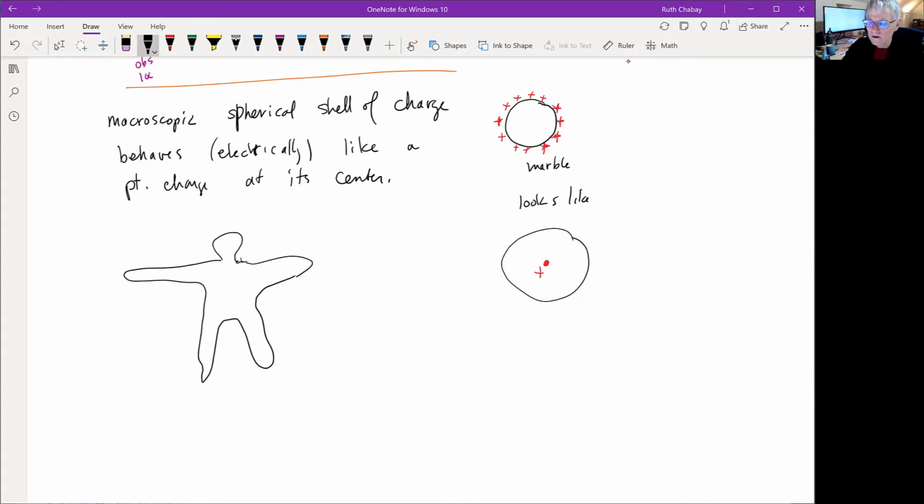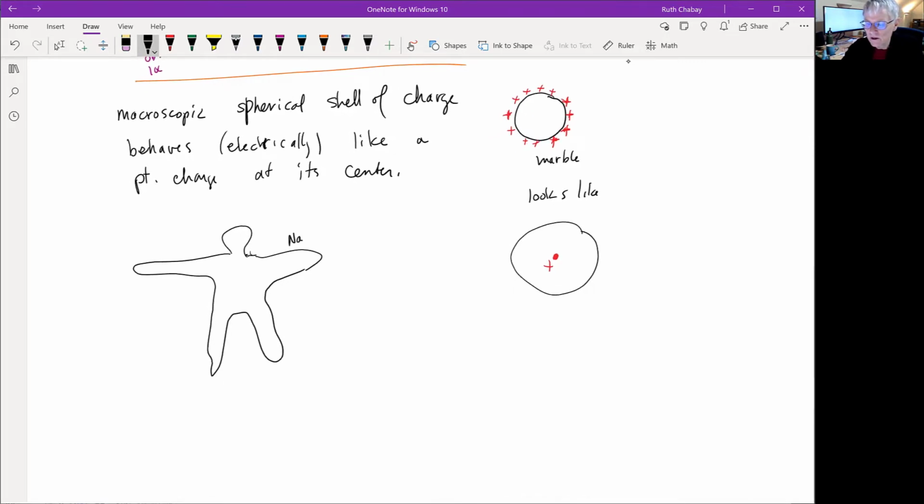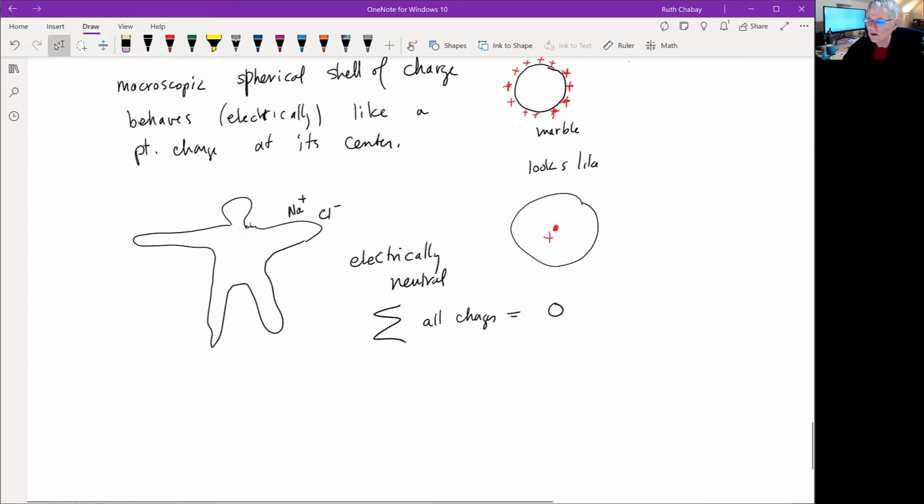The charges are sodium ions, so sodium +1, and chloride ions, mostly just salt. And in fact, inside our body we have lots of ions too, but we are mostly electrically neutral, which means that the sum of all the charges ends up being 0.